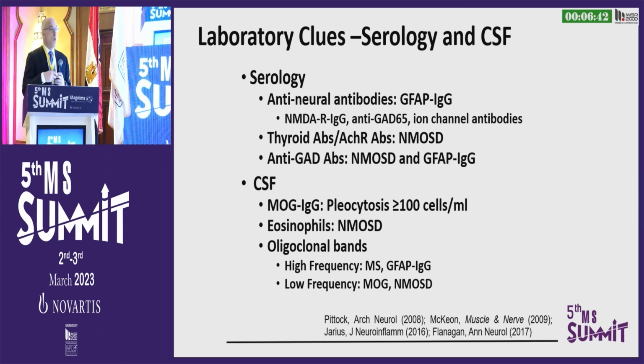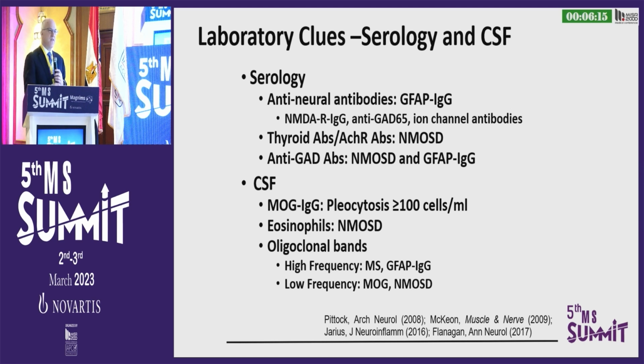Laboratory clues. While we can get multiple serologies that complicate cases, they're typically more prominent for GFAP IgG disease and occasionally anti-GAD antibodies and thyroid and myasthenia antibodies in concurrent neuromyelitis optica. So checking for other serology can sometimes be a helpful clue if you don't have access to other means of testing.